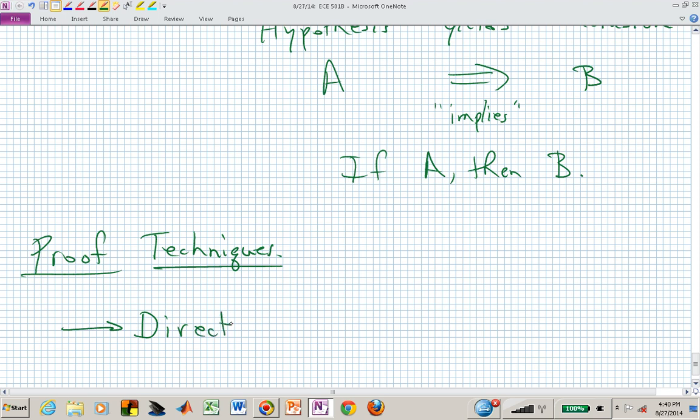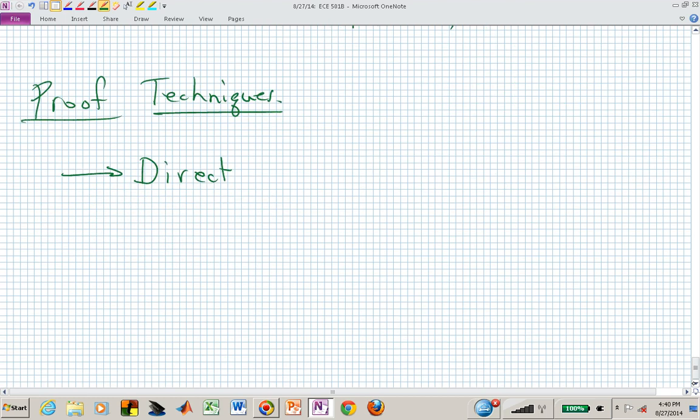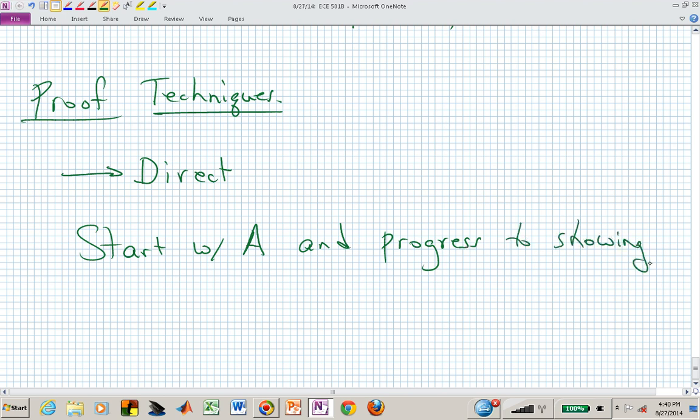We might use a direct technique, and that's not necessarily always the easiest technique to use. That's why we have others. But in a direct technique, we might start with statement A and progress to showing B is true.